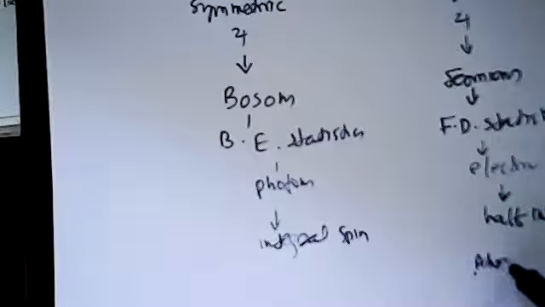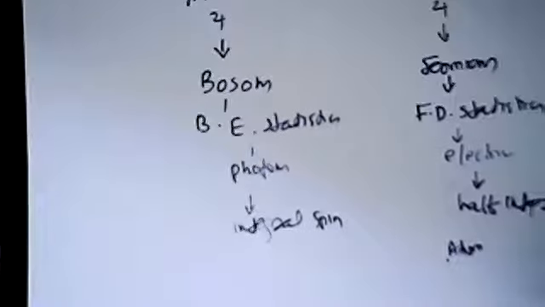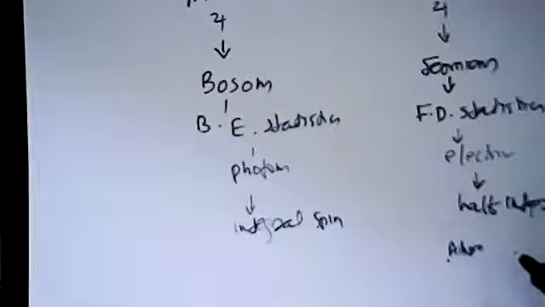Now consider an atom in which there are many fermions. Suppose you consider a hydrogen atom. A hydrogen atom consists of an electron and a proton. So there is a two-particle system, each having spin half. So what is the total spin of the system?